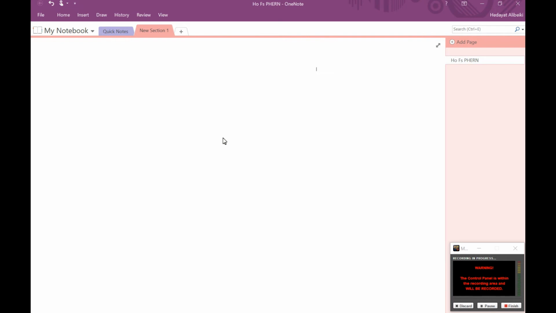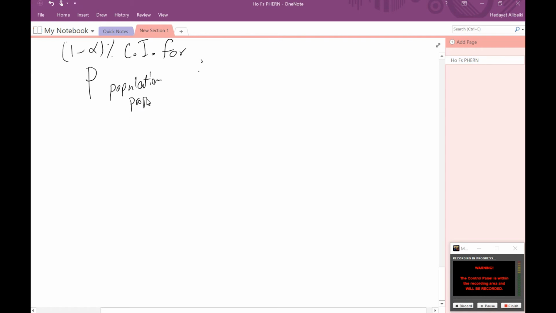For population proportion P, the 1 minus alpha percent confidence interval for P would be point estimate P bar plus and minus margin of error.